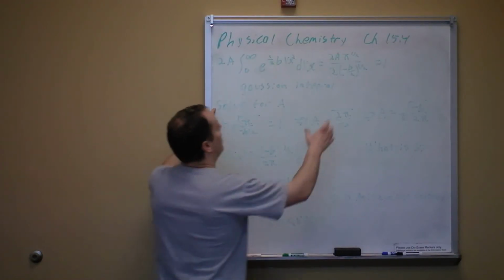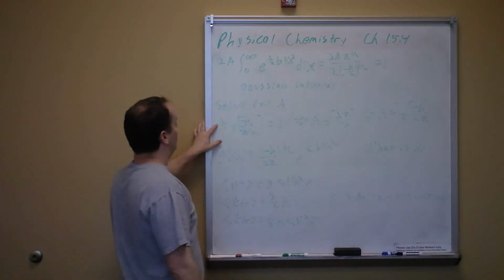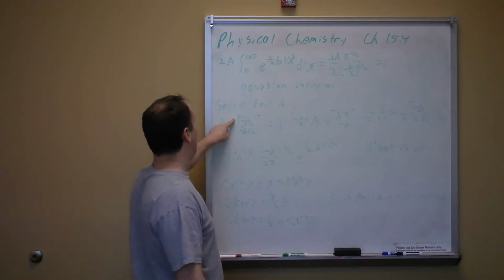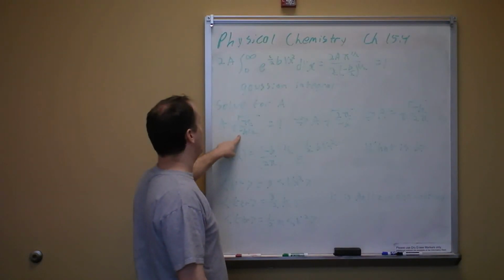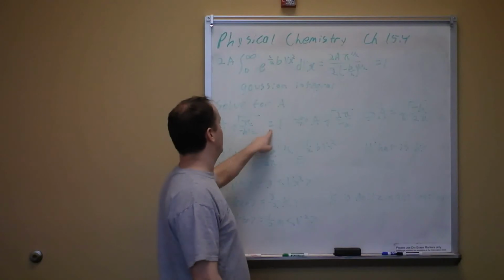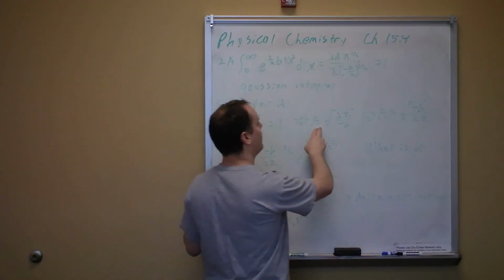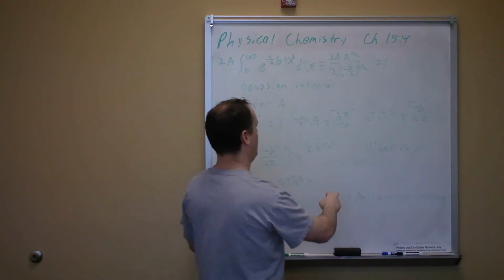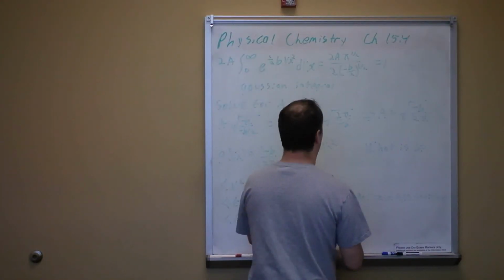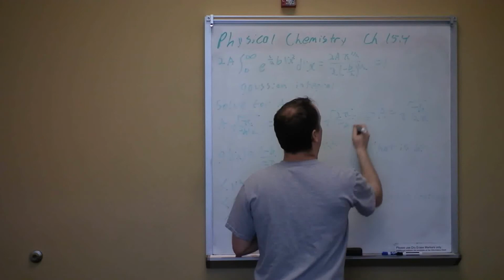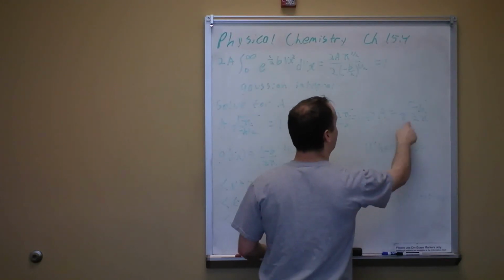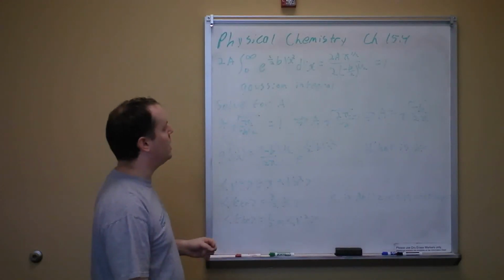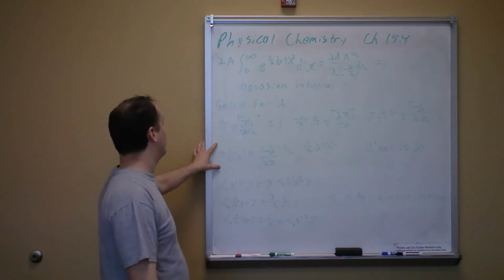We're going to solve this for A. So we get A times the square root of pi divided by minus b over 2 is equal to 1. Or that gives us A times the square root of 2 pi over minus b. Oops, that should be equal to 1 still. So that just gives us that A is equal to the square root of minus b divided by 2 pi.